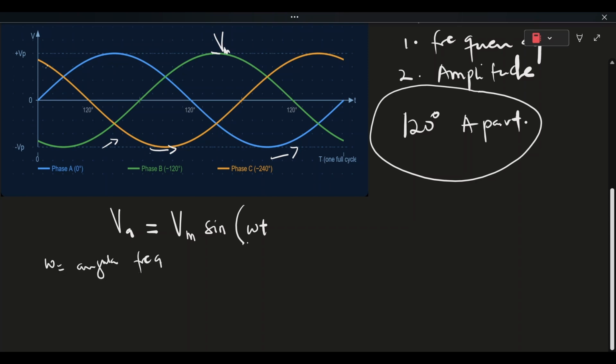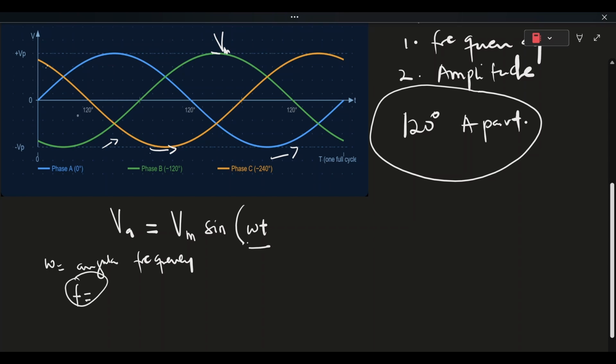Now we know that omega is equal to angular frequency, and frequency f refers to the number of complete cycles per second.